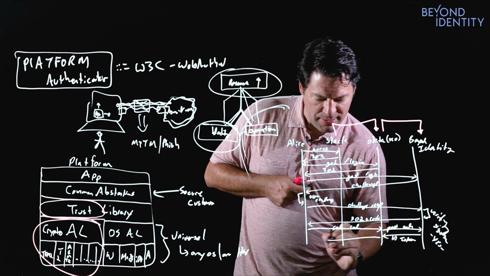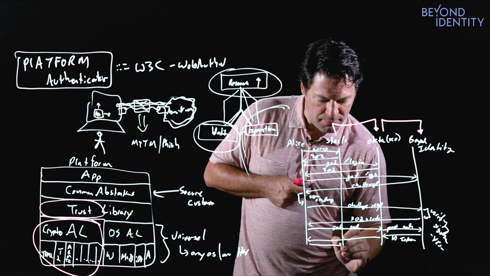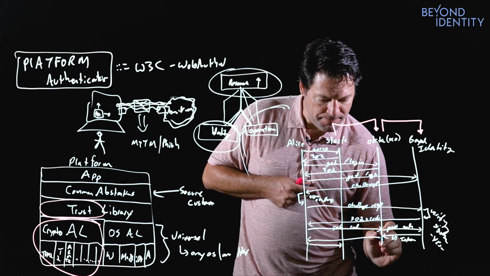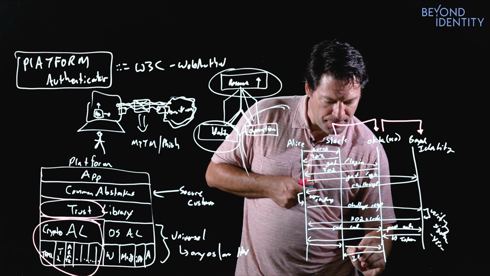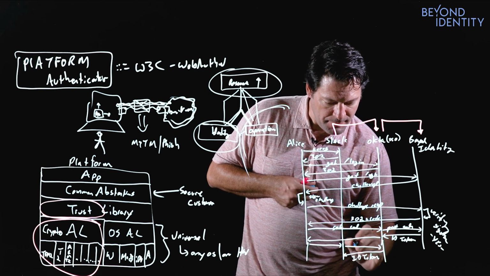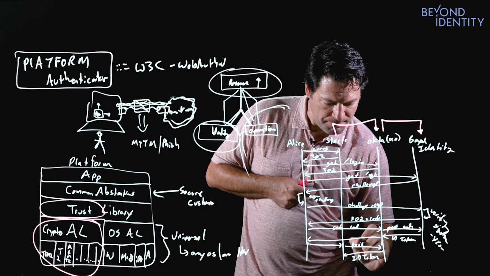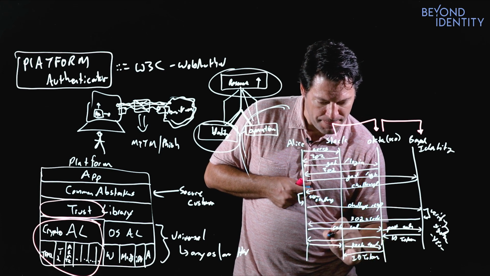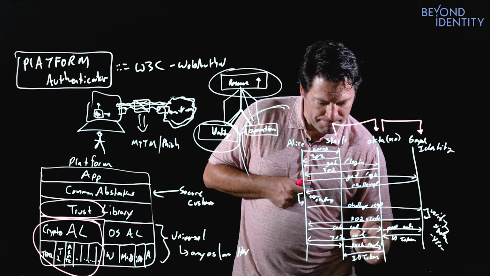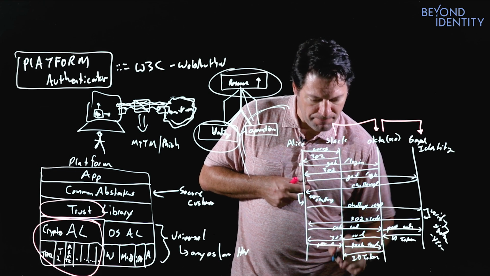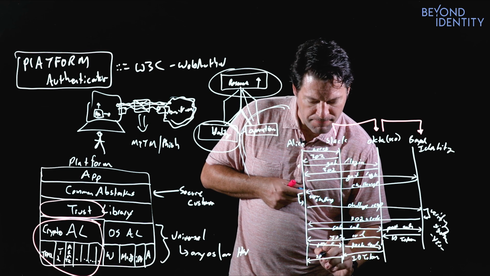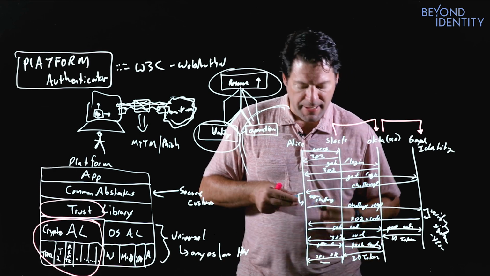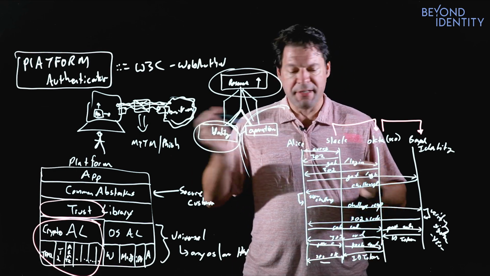And then the same thing will happen with Slack. Okta will come back and present an ID token. Then, of course, Alice is logged in to Slack.